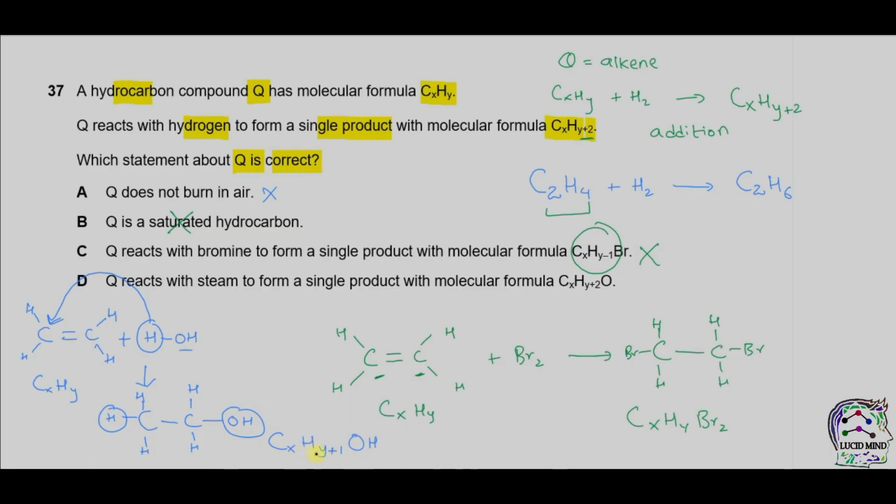Overall we can see that 2 hydrogen atoms are added. So we can write CXHY+2 and one oxygen atom is also added. So this one is correct. Correct option is therefore D.